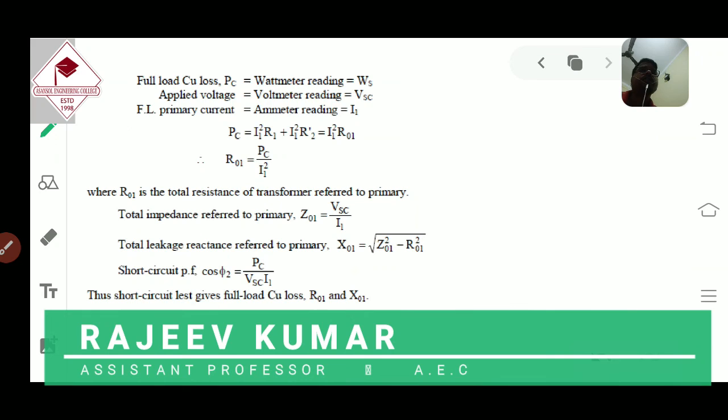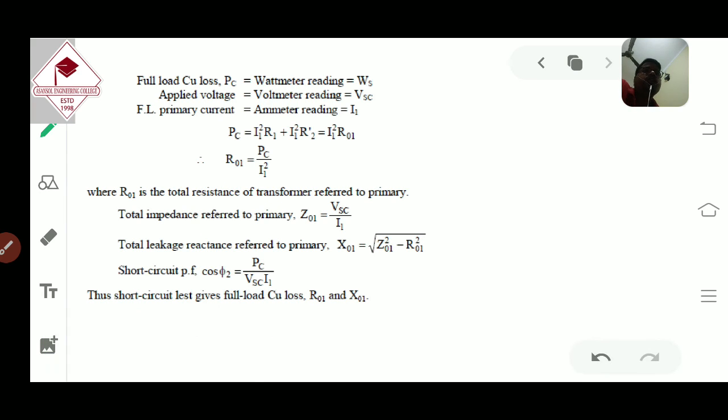This is the calculation. Suppose this wattmeter which is showing all the copper losses is Ws, applied voltage is VSC, which is very low voltage, that is 5 to 10% of the rated voltage, and this primary current is the full load primary current, which this ammeter shows, that is I1, okay? So see here, this total loss PC will be copper loss.